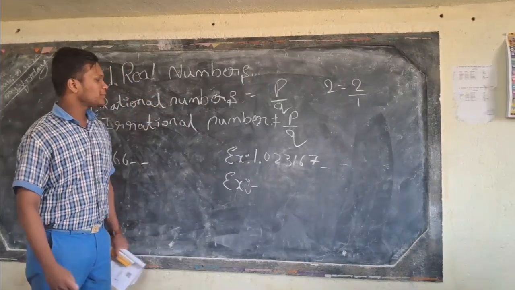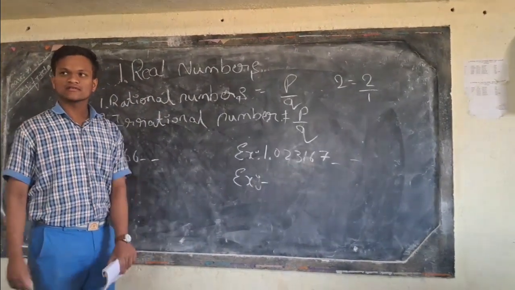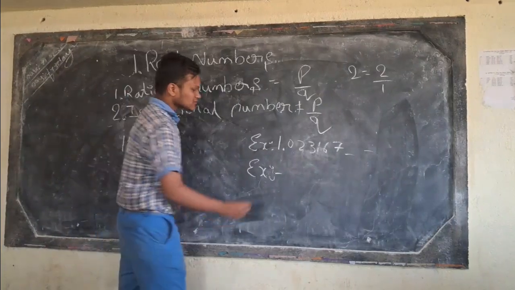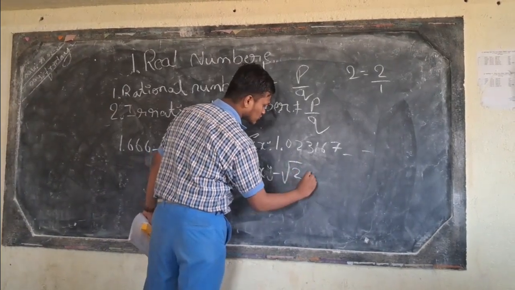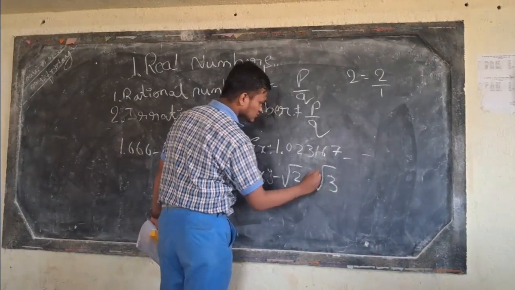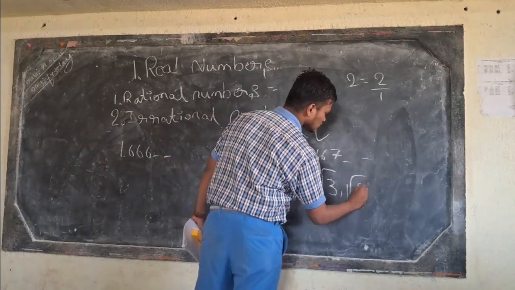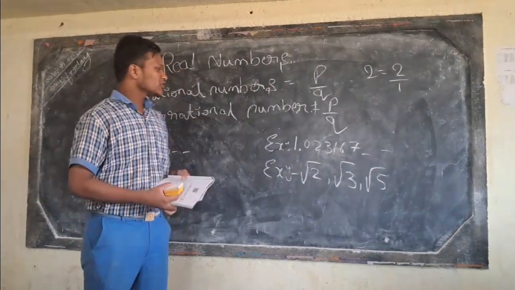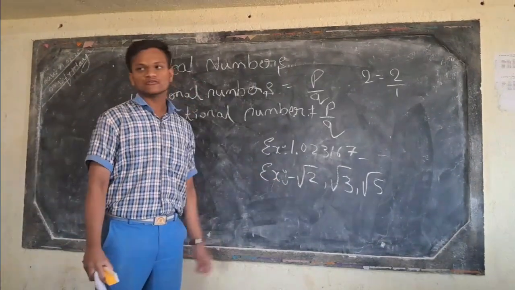Do you know the prime rooted numbers? For example, root 2, root 3, root 5, which are always irrational numbers because they don't have any definite value.